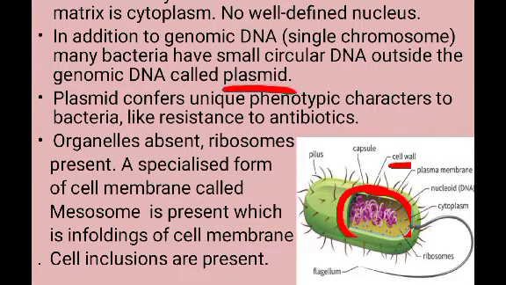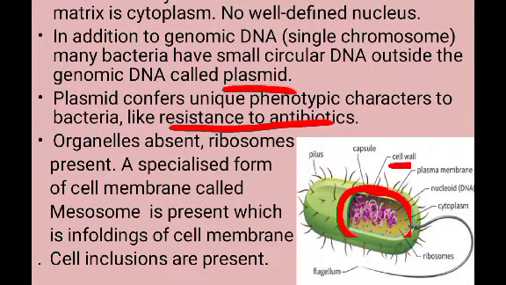For example, resistance to antibiotics. If the plasmid has the gene for antibiotic resistance, then if we place the bacteria in a medium containing antibiotic, it will not be destroyed. It can withstand that antibiotic due to the presence of that antibiotic resistant gene. So the plasmid can confer certain phenotypic characters to the bacteria, like resistance to antibiotics.